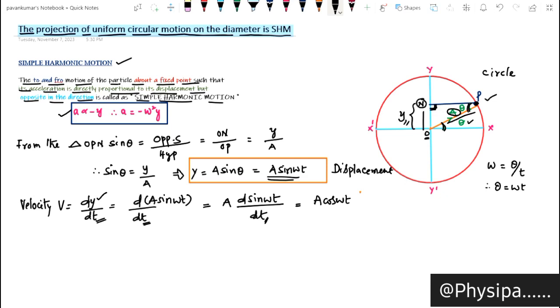The differentiation of sin omega t is cos omega t into omega, because d of omega t divided by dt is omega, which gives A omega cos omega t. Therefore, the velocity of the particle is equal to A omega cos omega t.